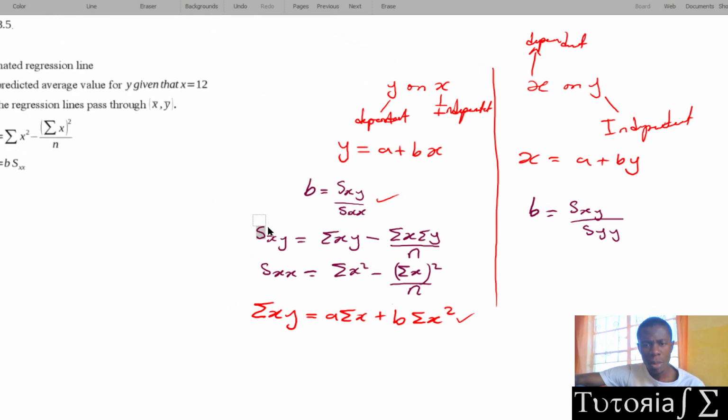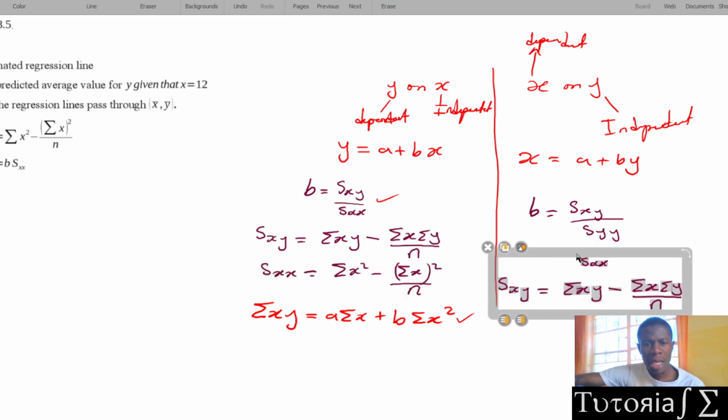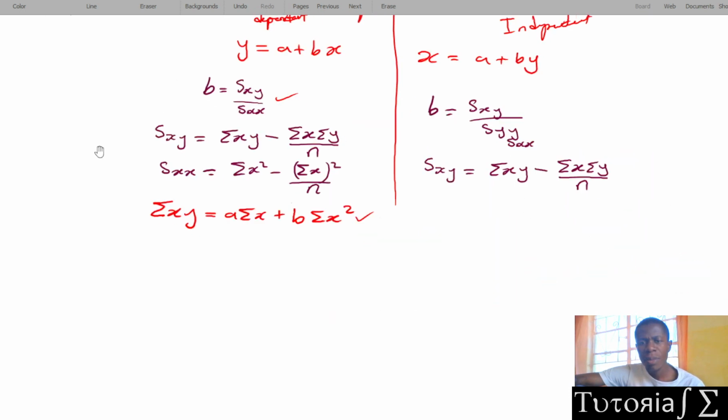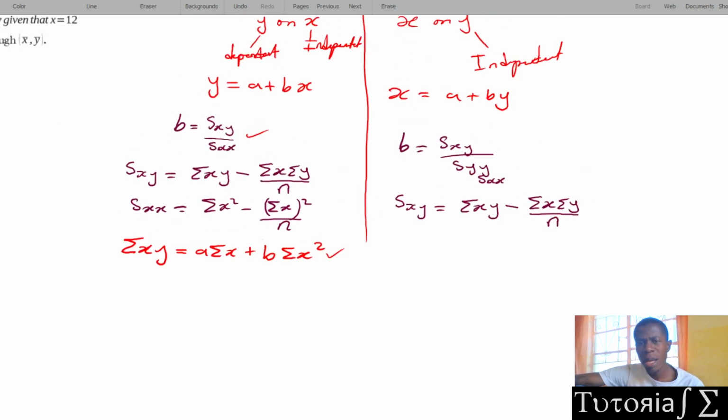Then you need Syy, which is equal to summation of y squared minus summation of y, everything squared, divided by n.